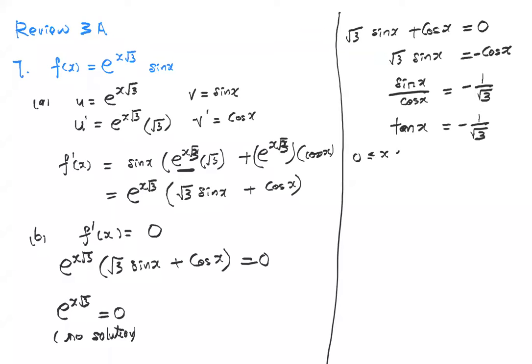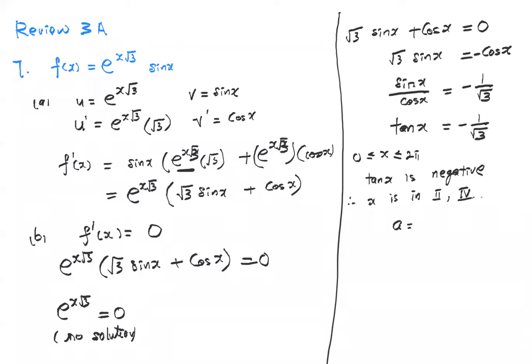So you have to go back to your understanding of tangent x is negative. So therefore, x is in second and fourth quadrant. First of all, you have to find the acute angle first.